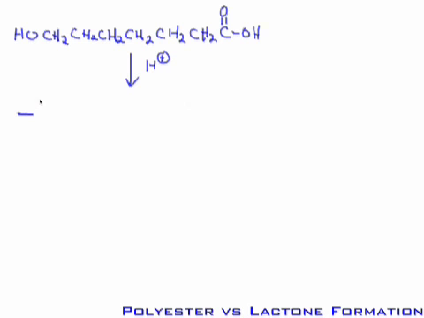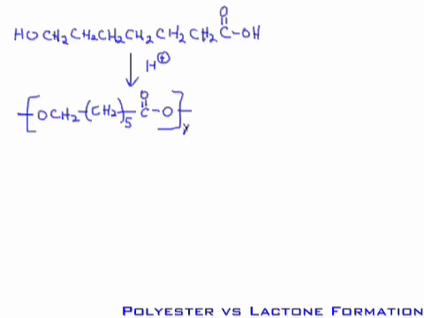You produce a polyester of O, CH2, bracket CH2 5 times, C double bond O, and that attaches to another. Now polyesters, where it just links up and keeps repeating and you get X numbers of these repeating, can link up and create a polymeric chain. What do you have to do to get the OH to wrap around?